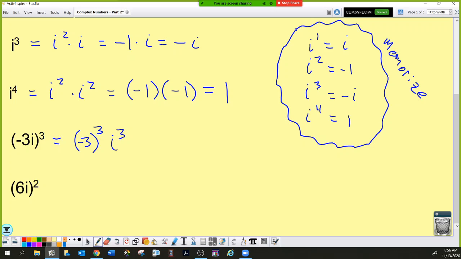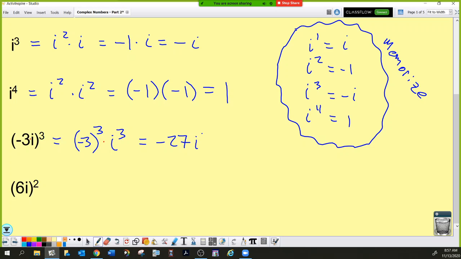Because this is a multiplication, I can split this apart. (-3) to the third means -3 times -3 times -3. That's 3 negatives, so is my result positive or negative? Negative. And 3 times 3 times 3 is 27.